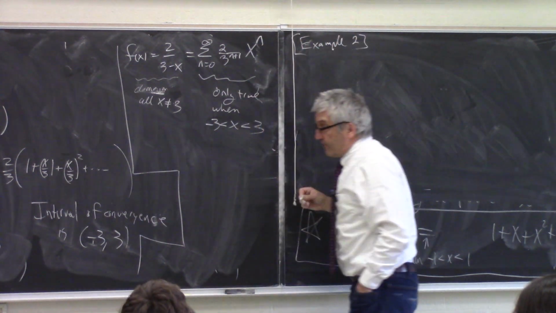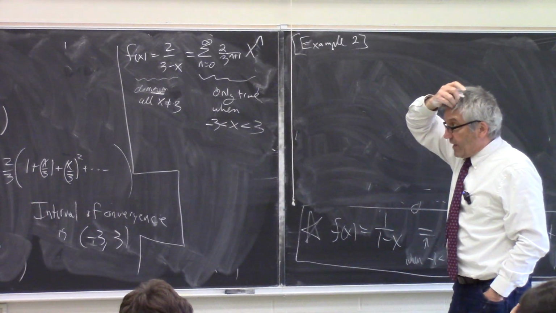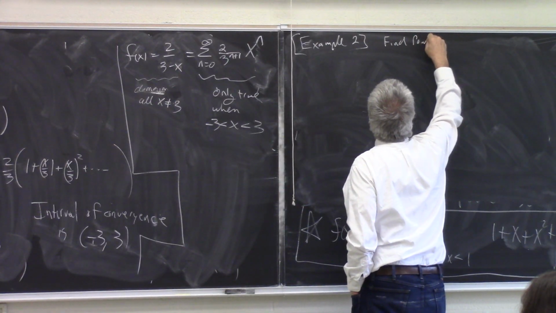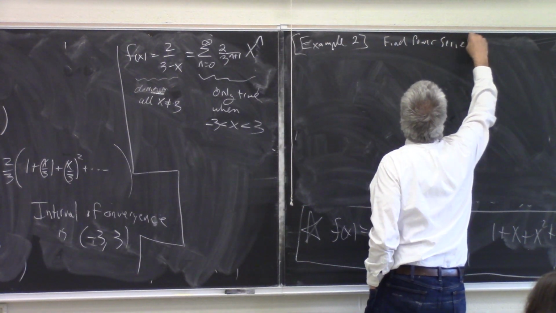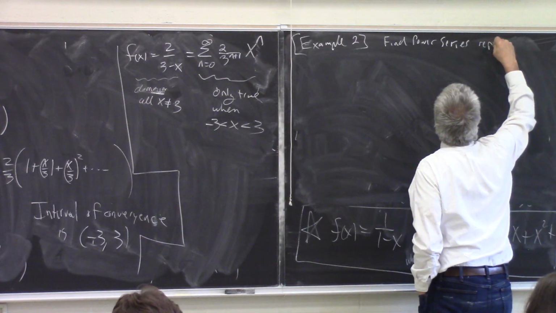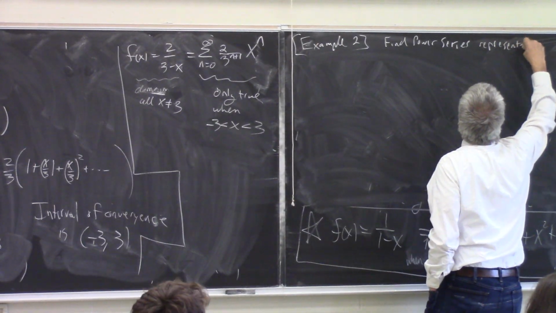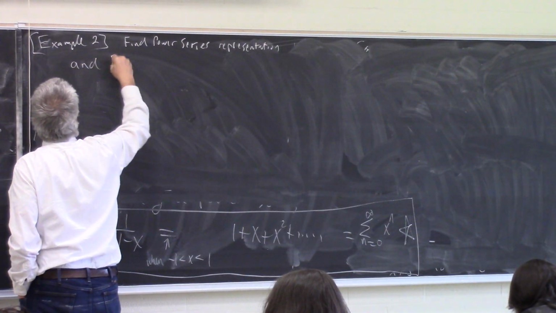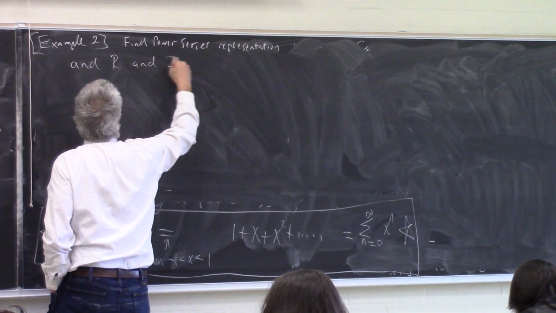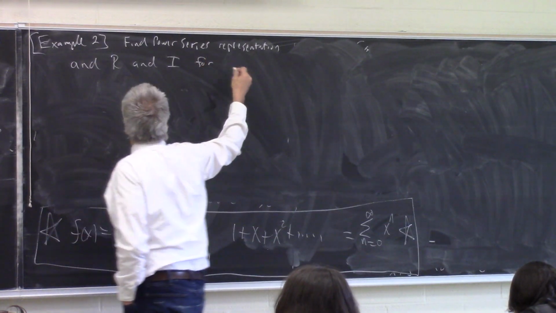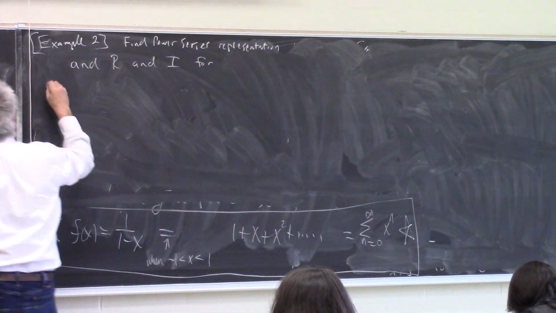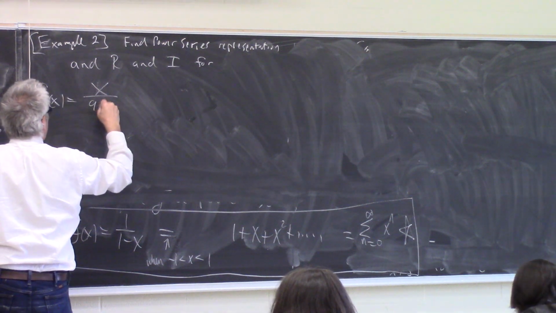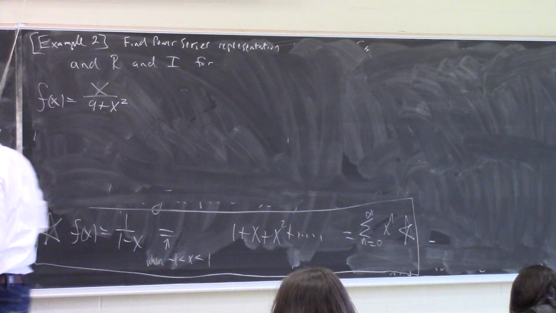Let's find the power series representation and R and I for this function. f of x equals x over 9 plus x squared.